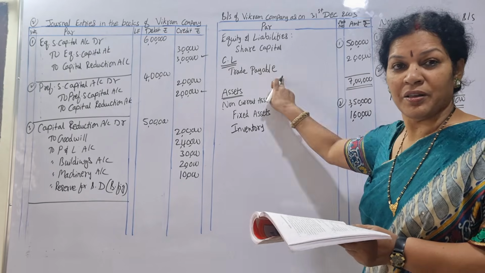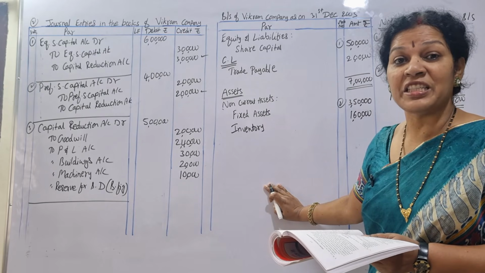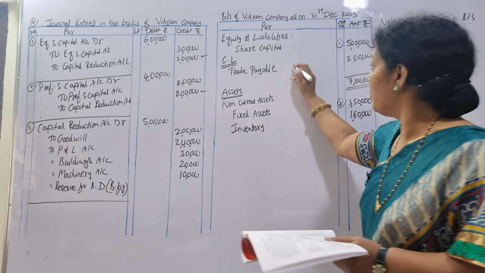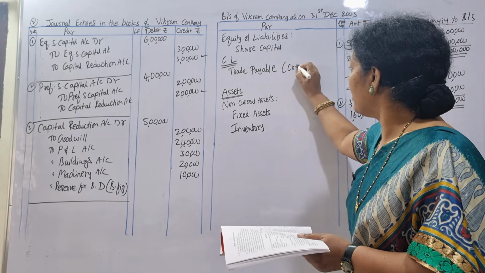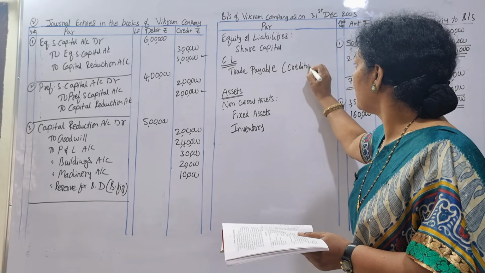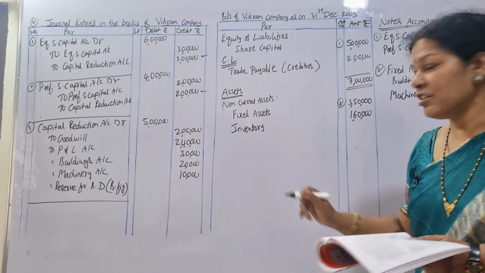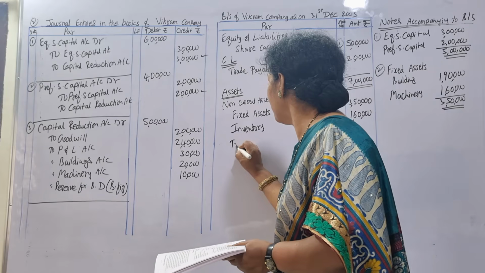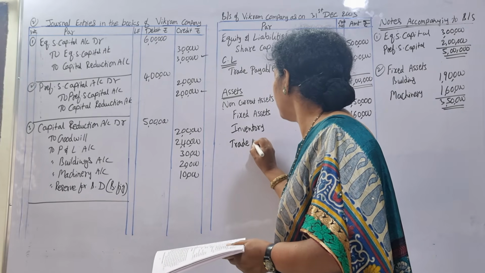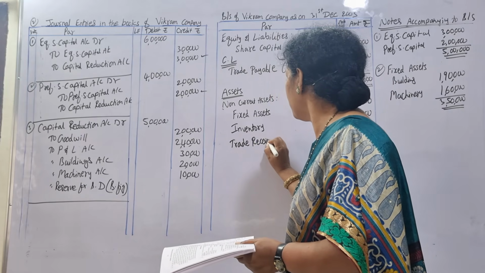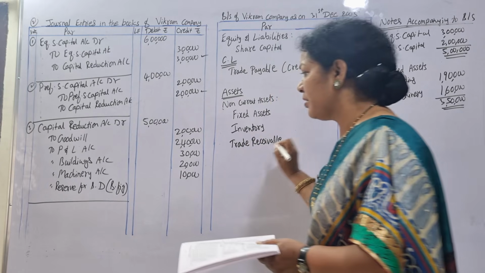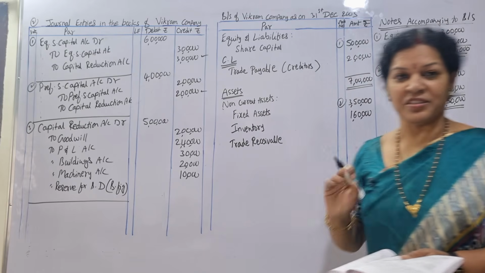Stock is over. Next, now debtors come to trade receivable. Trade payable is nothing but creditors. Now debtors is trade receivable. There is an adjustment, reserve for bad debts, right?